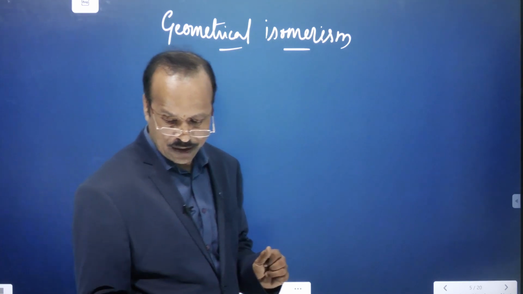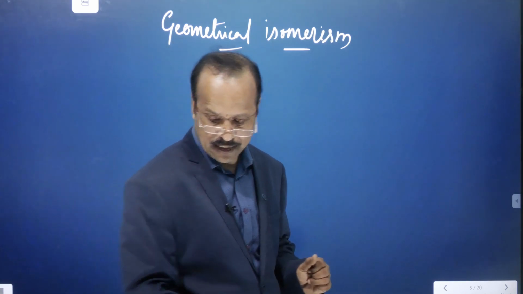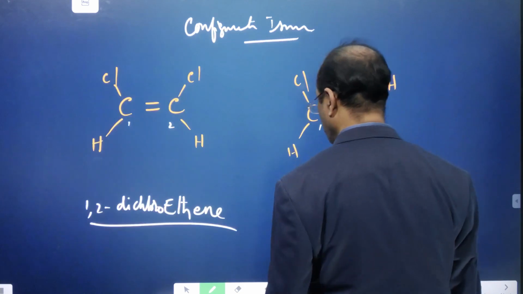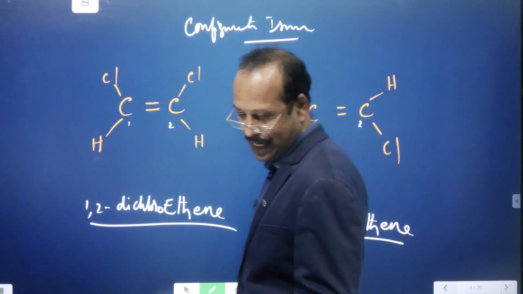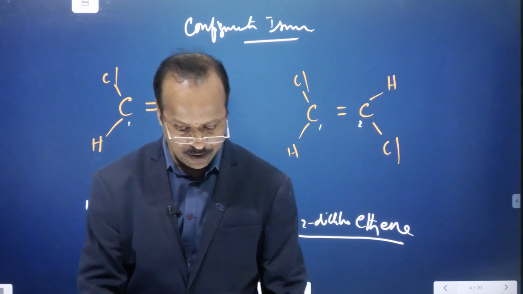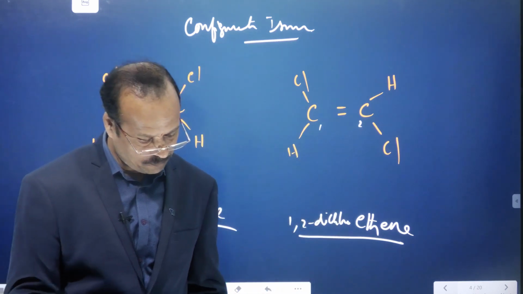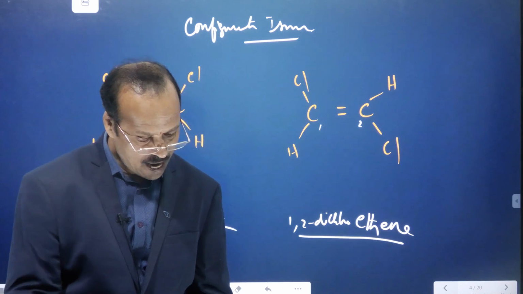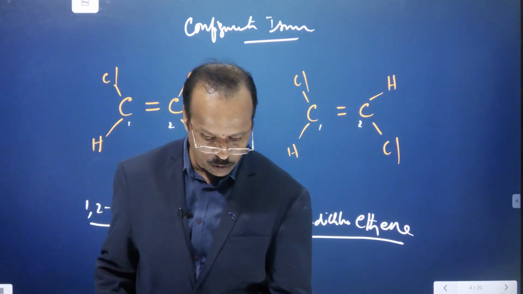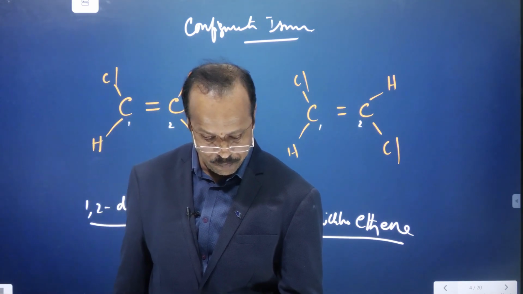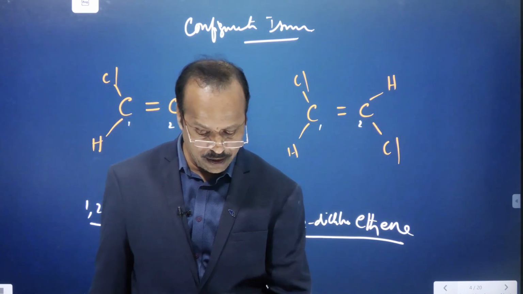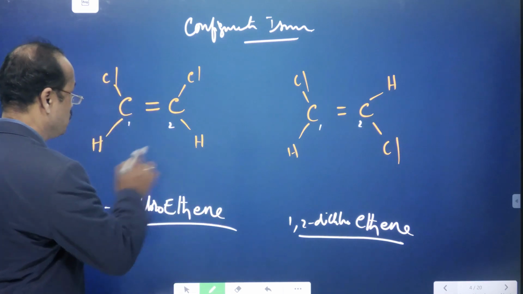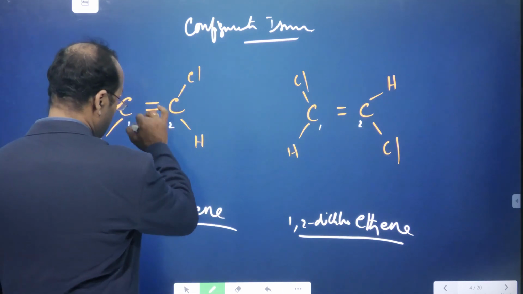Now, just now what I told you, we can give as an example for geometrical isomerism: 1,2-dichloroethene. Geometrical isomerism is possible only when there is a double bond.